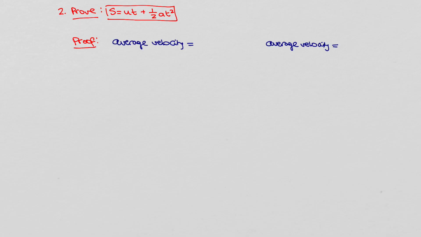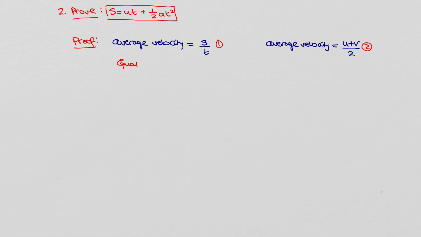So there's two ways in which we can describe average velocity. We can say average velocity is our displacement over time, and we'll call that equation 1. And we can also say that average velocity is the initial velocity plus the final velocity divided by 2. So if we call that equation 2, what we can then say is that both of these represent average velocity.